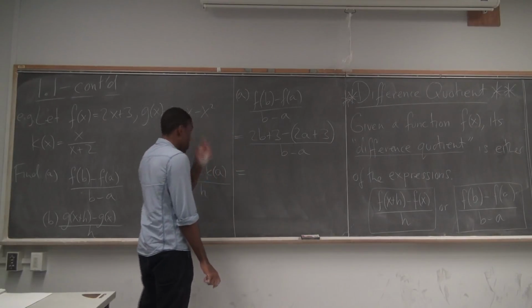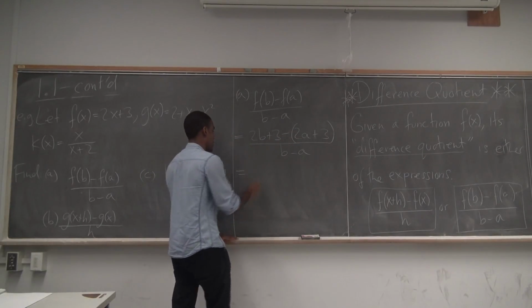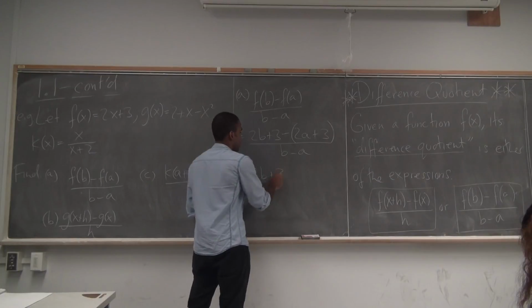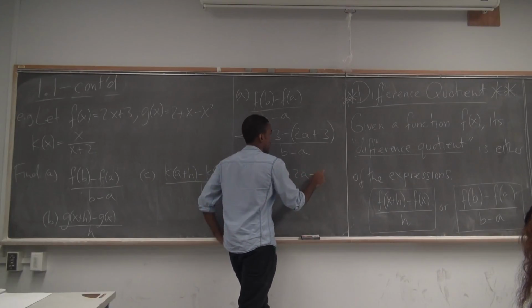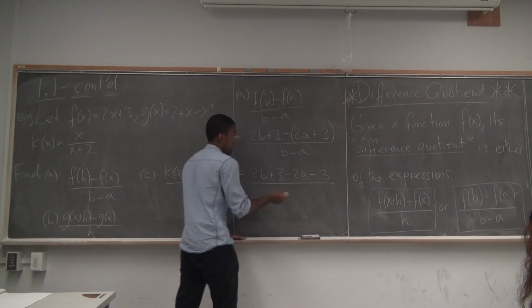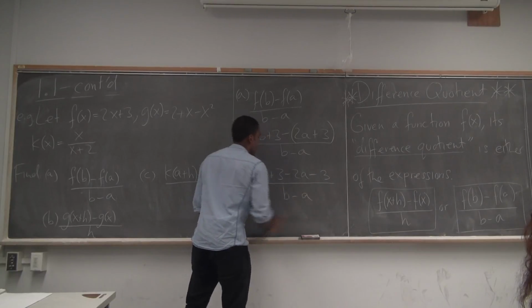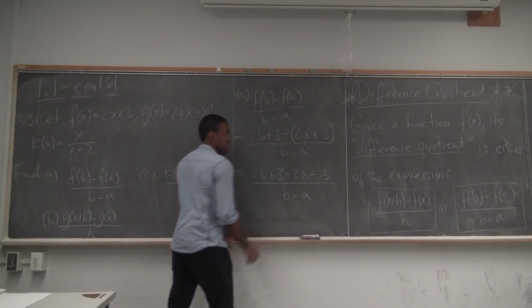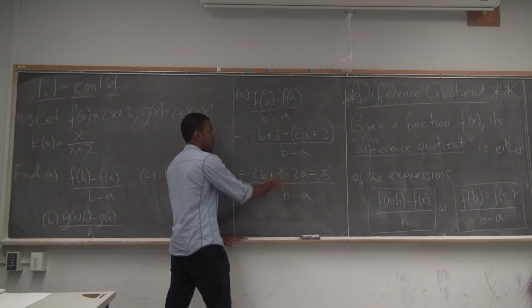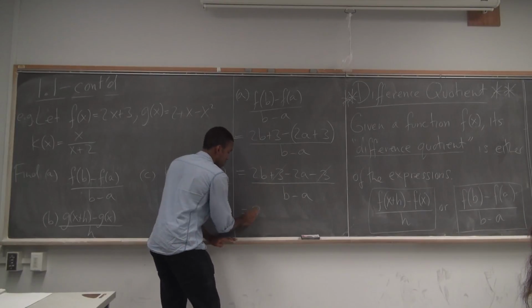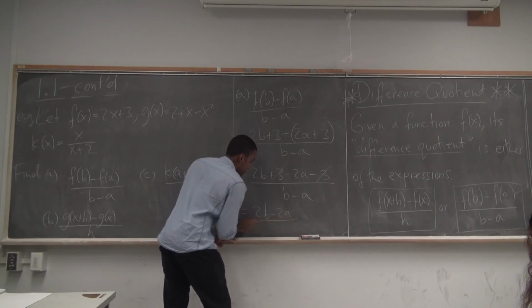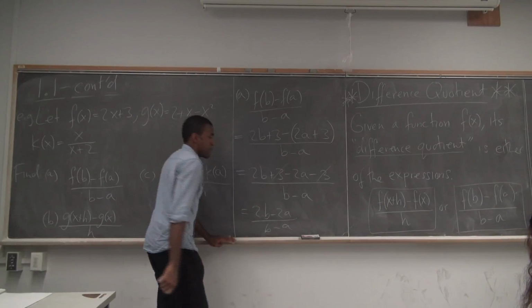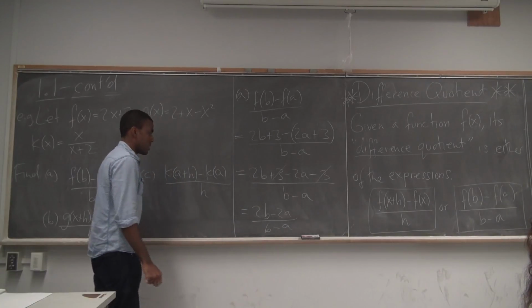Yeah, that's fine. So now we're going to simplify. We expand the parentheses. Yes, the 3's will cancel in this case, and I would have 2b minus 2a. Can we do anything there?